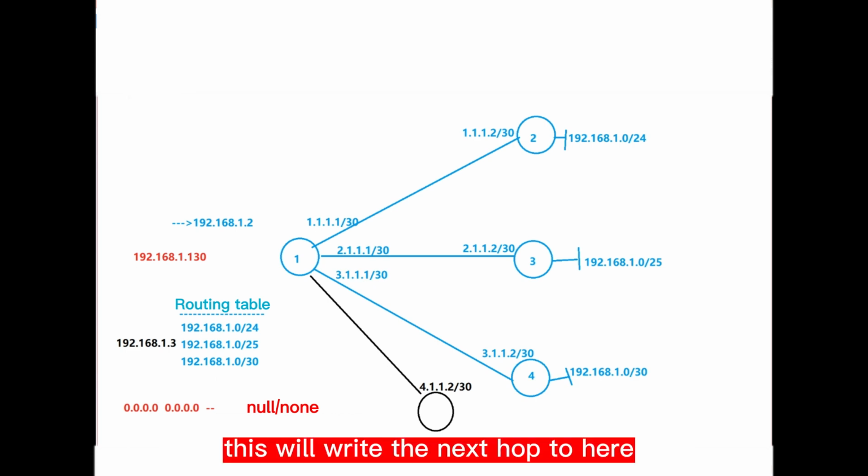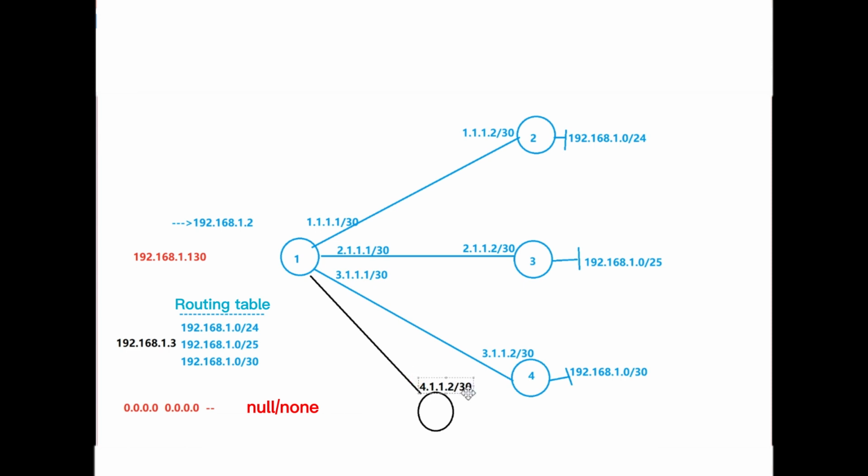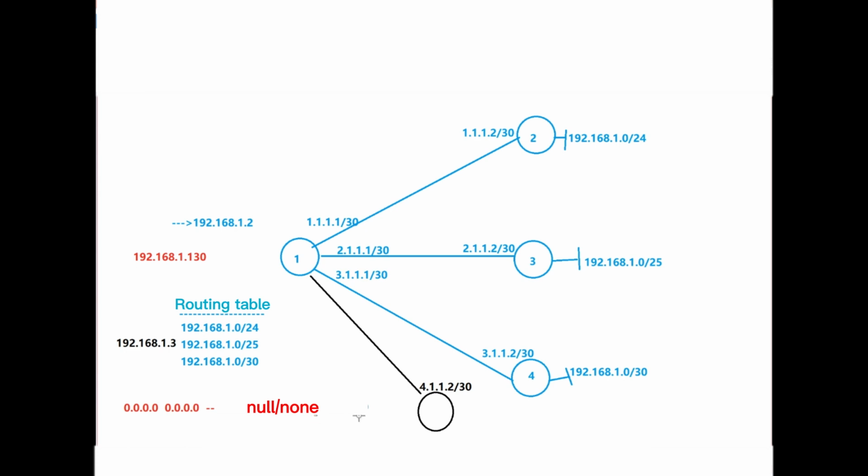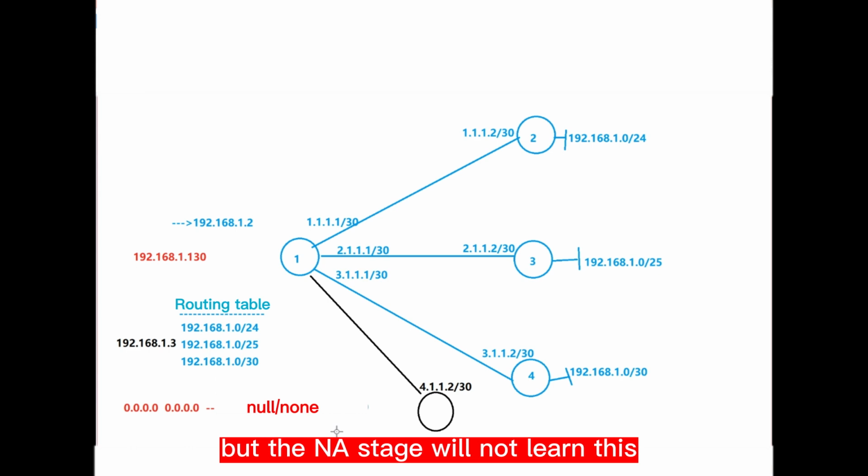This will write the next hop to here. Just because I didn't draw this device, I can't write a next hop. So I can only write the simplest way: the next hop can be represented by null. It's like I dropped it into a black hole. Black hole routing.